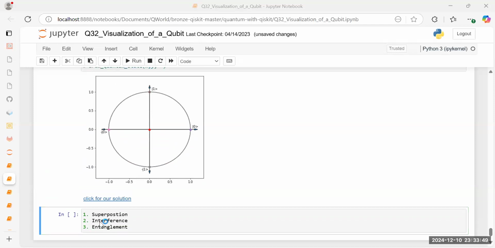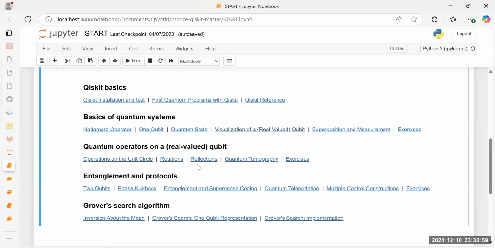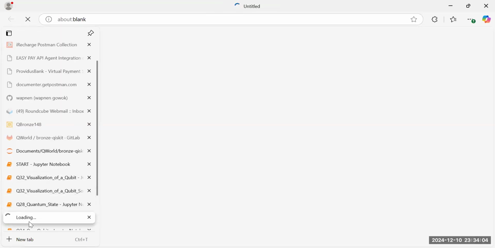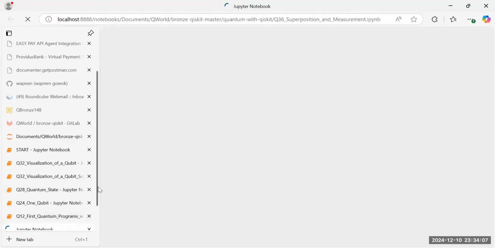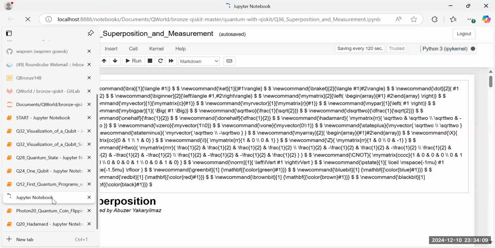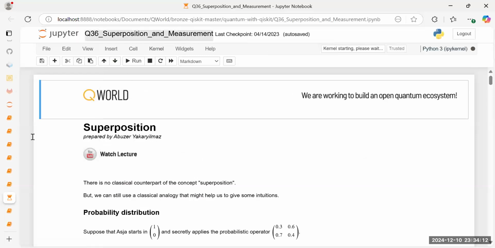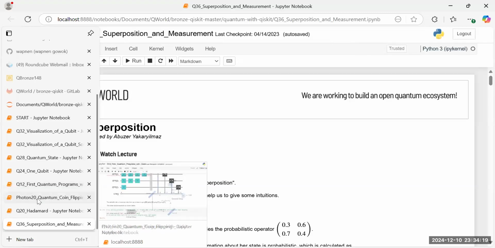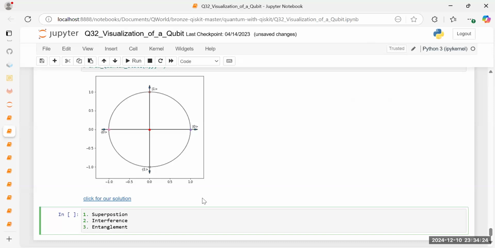So I'm going to start off with superposition. Let me try and explain superposition. That's even the next notebook that we're going to take a look at. This notebook is on superposition and measurement. So let's look at superposition.